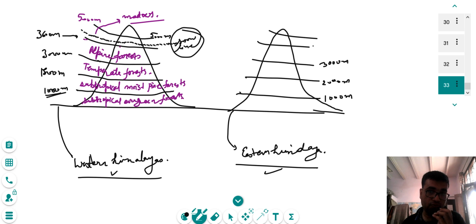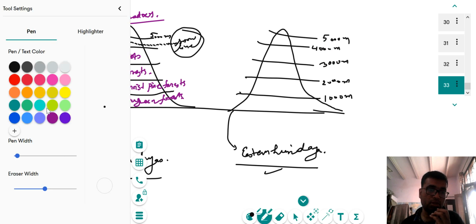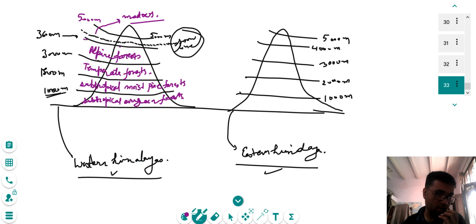Above that you have 4000 meters, and then 5000 meters. In the eastern Himalayas you also have the tropical forest, while the tropical forests are mostly absent in the Western Himalayas. So you have the tropical vegetation up to 1000 meters.